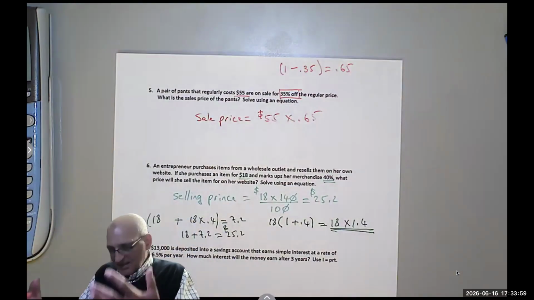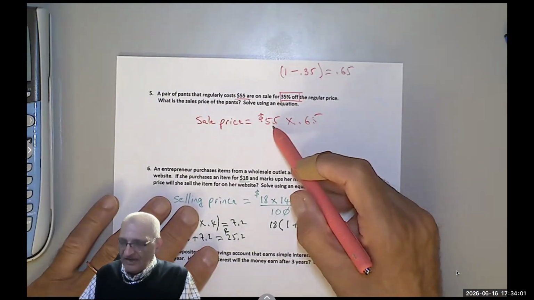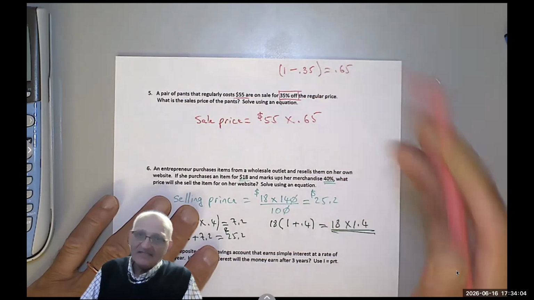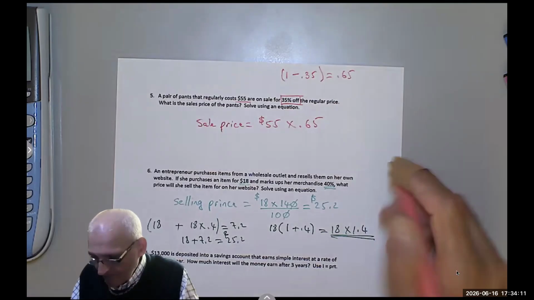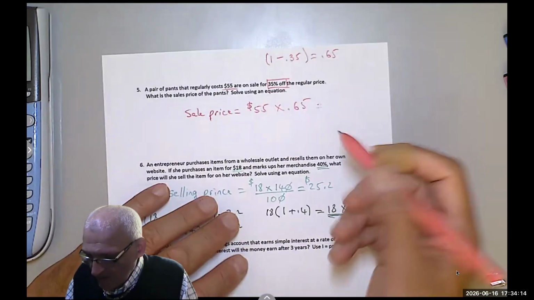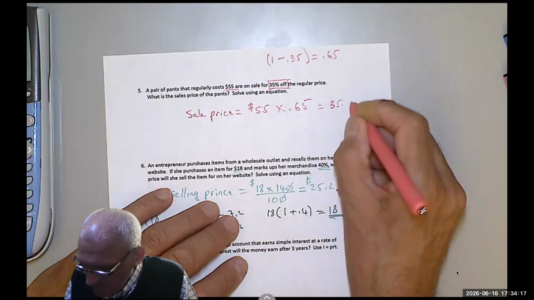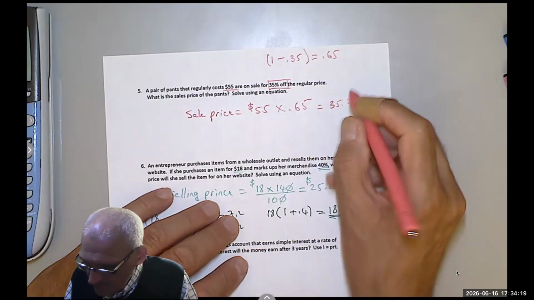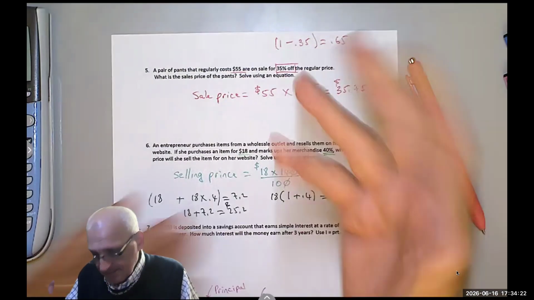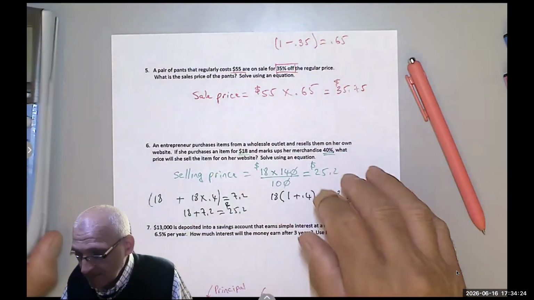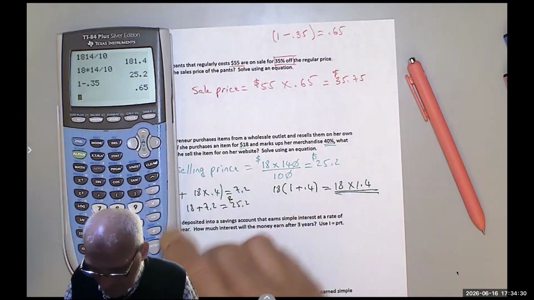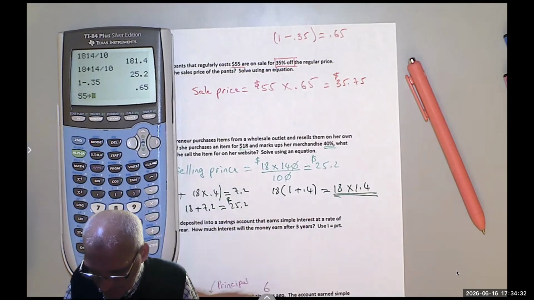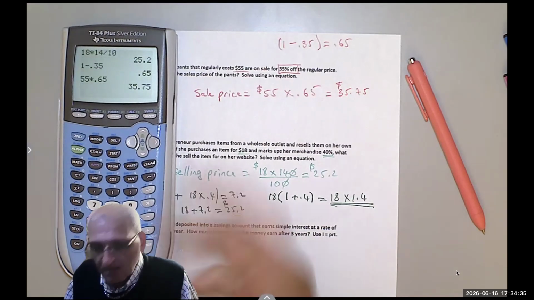And again, I see people multiply the 55 by 35% and then subtract from the 55. Why do it in two steps if you can do it in one? So $55 times 0.65. Yeah, 35.7.